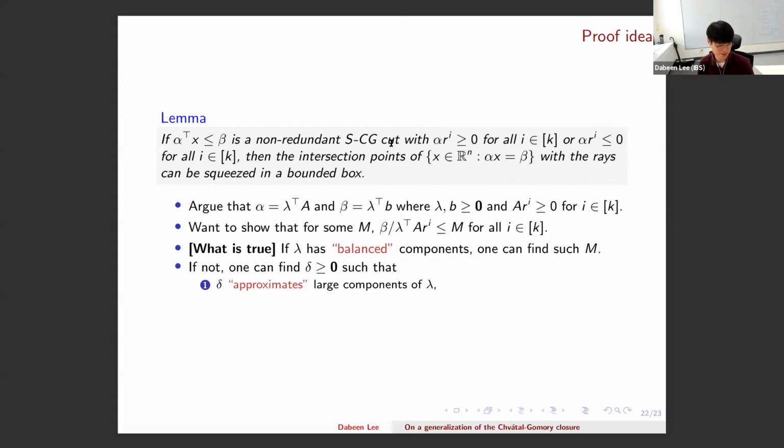So again, if you take S to be the set of integer points in P, that's the same as your original integer program, right? Is that your question? Yeah, that's right. So in that case, what would the SCG closure of P look like? Basically, one round of SCG closure would give you the integer hull. Oh, yeah. Okay. Right.